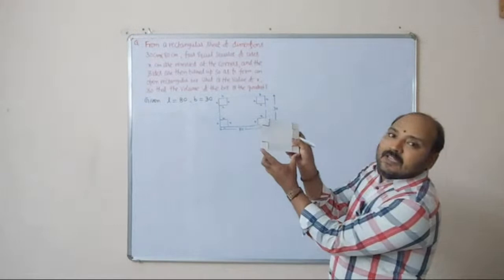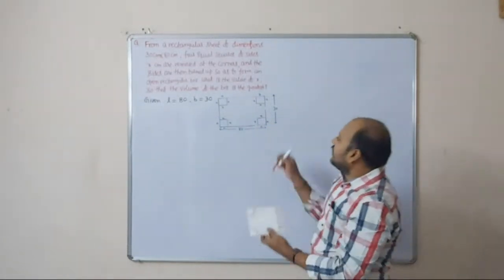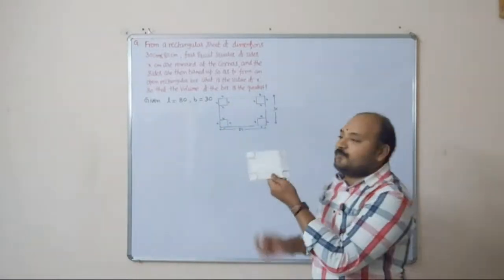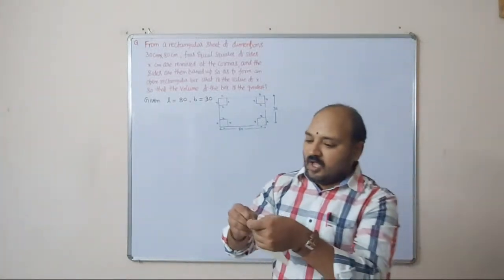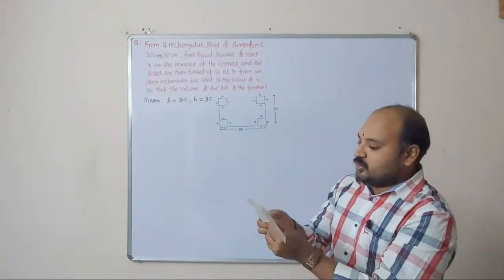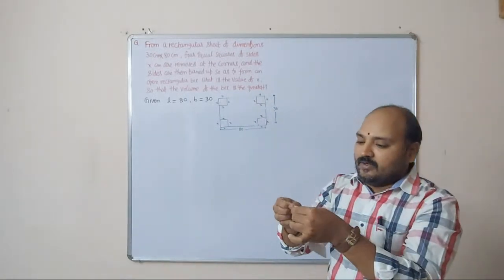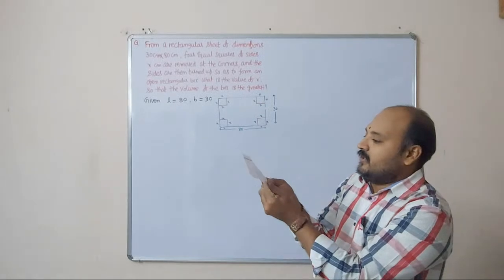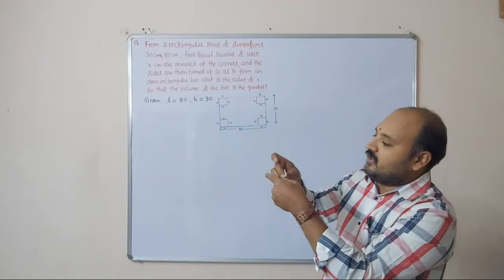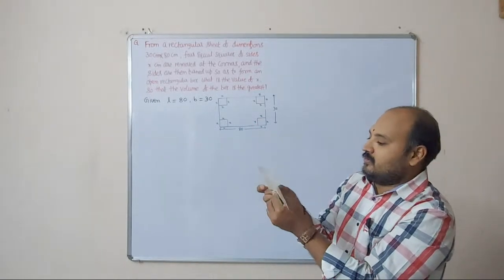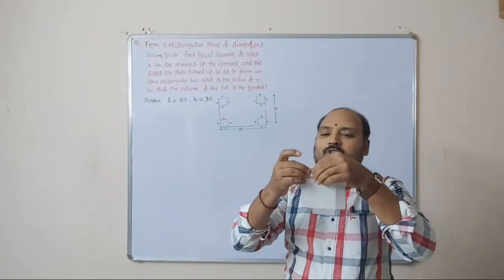Here it is 80, and here it is 30. What they are asking is to remove squares from the corners of this rectangular sheet. So after removing like this, I removed one square from one corner. Similarly, the second corner is also removed, next the third one, and this is the fourth one, dear students.